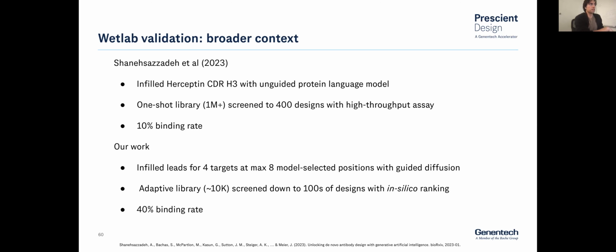And instead of doing it in this one-shot fashion, as in the Absci case, this was done over 3 rounds. So the library was adaptive, in the sense that after each round of experimentation, we retrained the models and then repeated. At the end of our 3rd round, we observed a 40% binding rate.